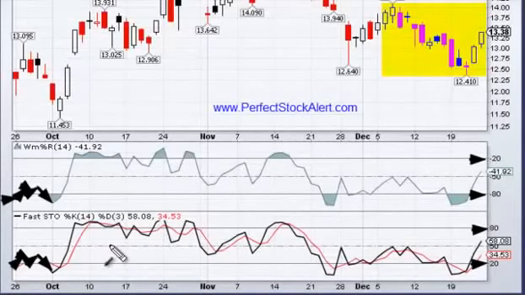However, George Lane, who is the creator of the fast stoch, based his divergence on the percent D. So his entire theory is based on divergence of the percent D, which is the red line, and that's not being duplicated by the Williams percent R. So I would argue, or at least it could be debated, that you shouldn't attempt to do divergence analysis the same way on Williams percent R that you would on the fast stochastic.